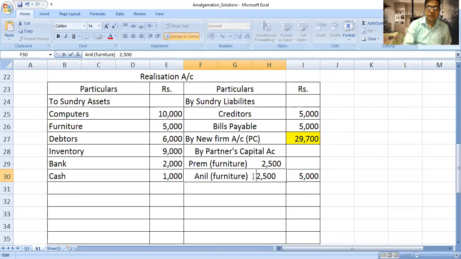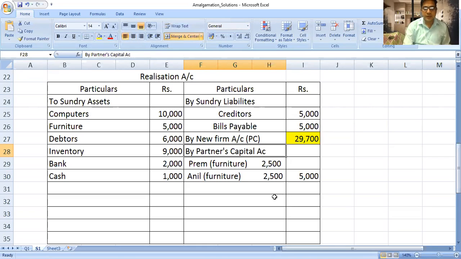It means this furniture asset is taken over by the partners as per their profit sharing ratio, and it is recorded on the realization account credit side, and partners capital account debit to realization account.